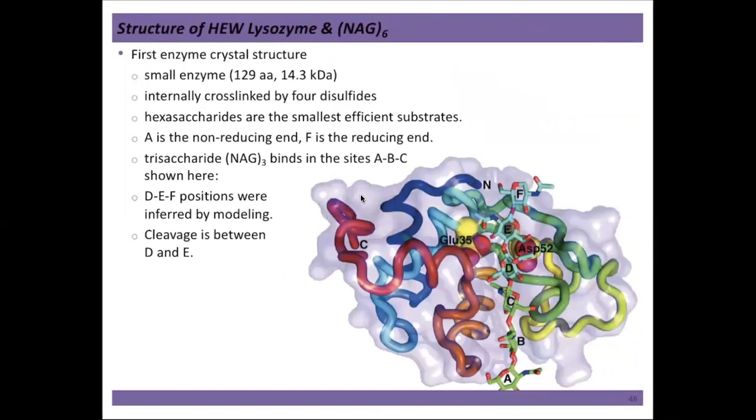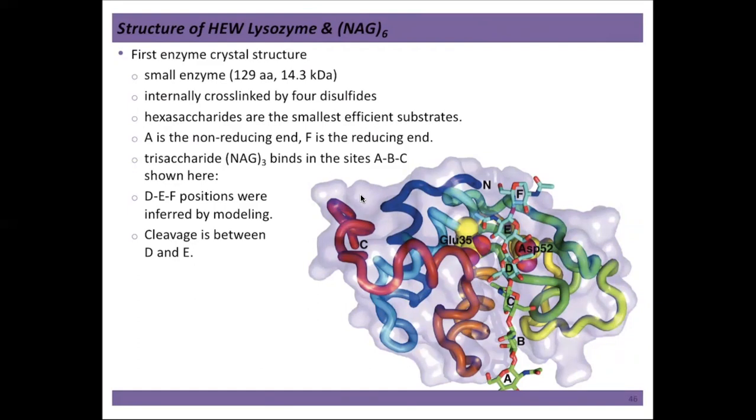This was actually the first crystal structure that was solved. It's typically a small enzyme, 129 amino acids, only 14.3 kilodaltons. Fairly rigid, it's cross-linked by 4 disulfides. The smallest substrate that it'll actually process is a hexasaccharide.